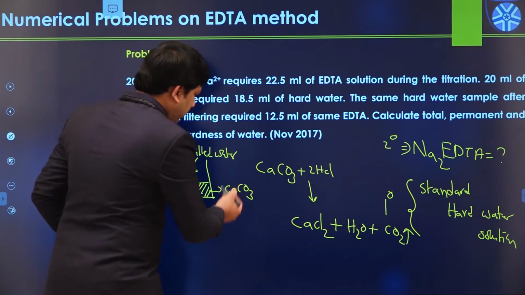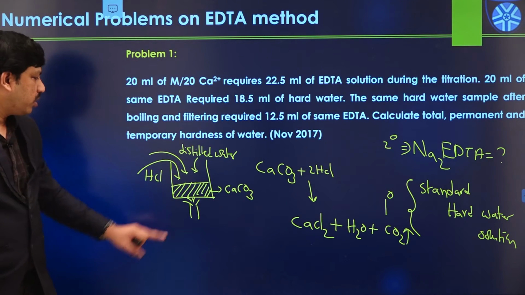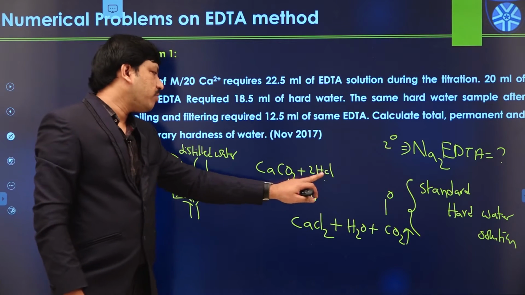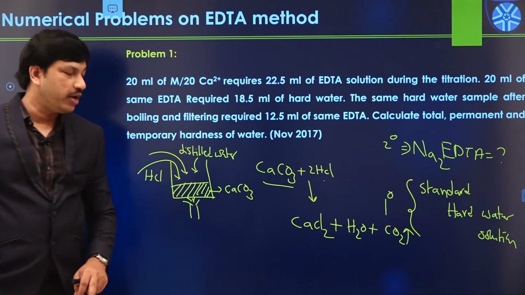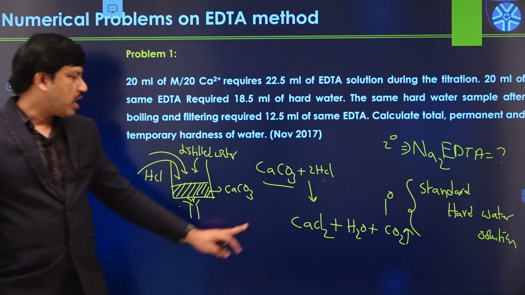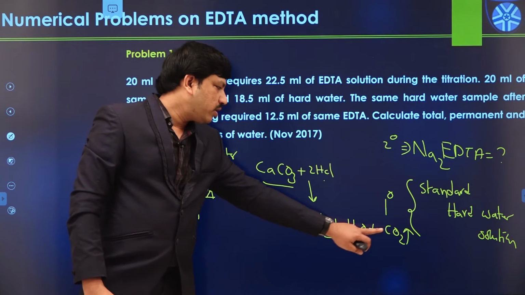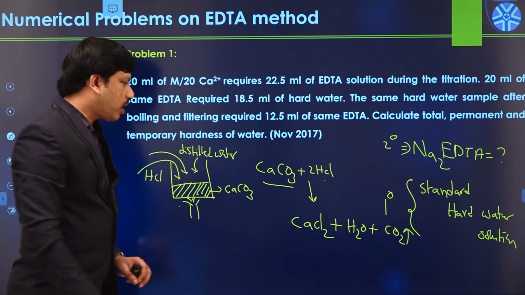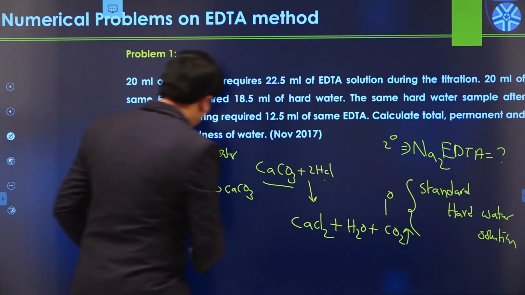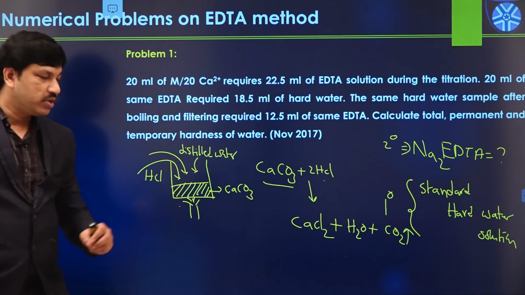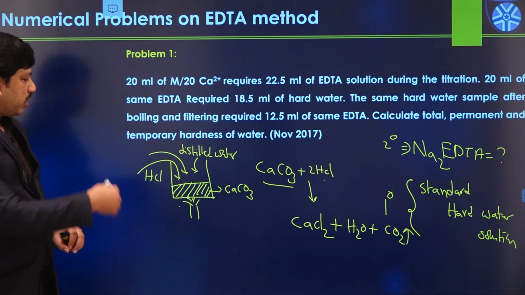Initially we have calcium carbonate in water medium and we have provided HCl like this. The HCl molecules react with calcium carbonate in the presence of heat, converting calcium carbonate into calcium chloride, water and carbon dioxide. Carbon dioxide goes outside because we are boiling. It is a gaseous substance and leaves the beaker.